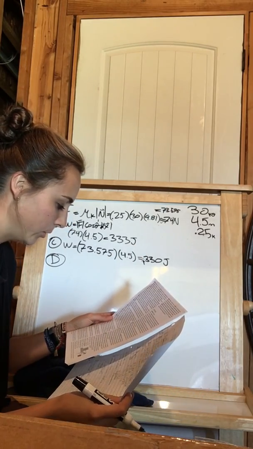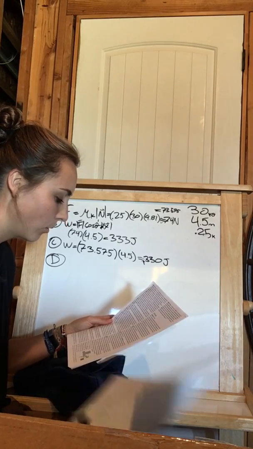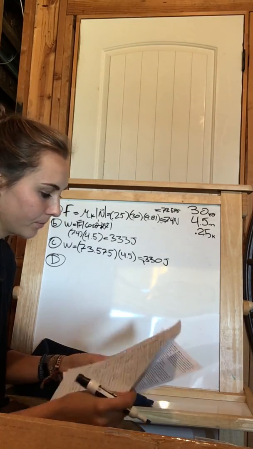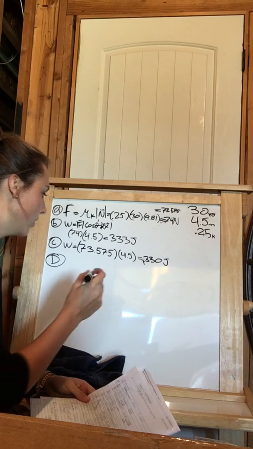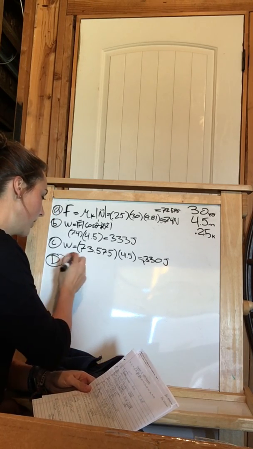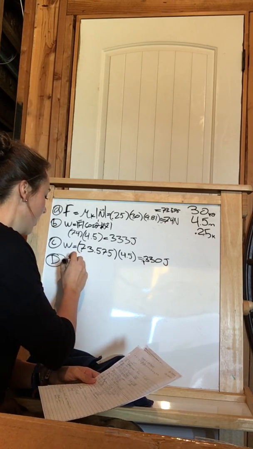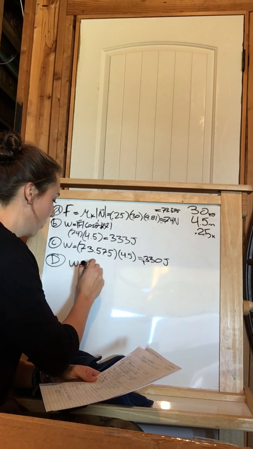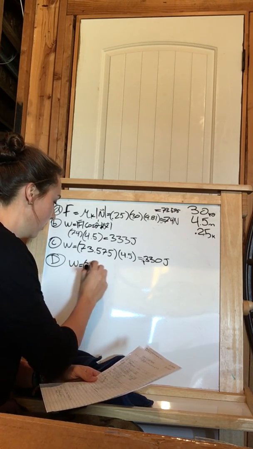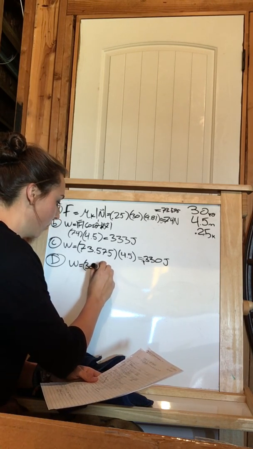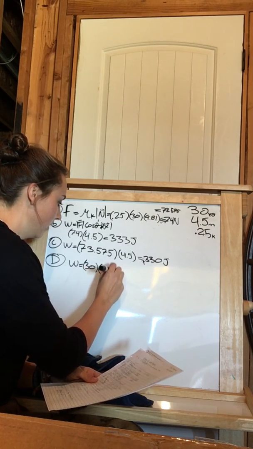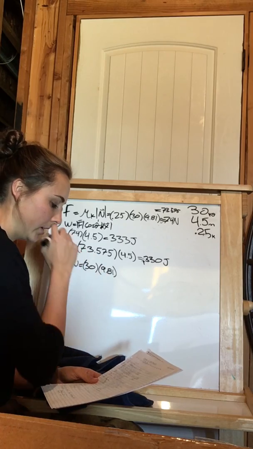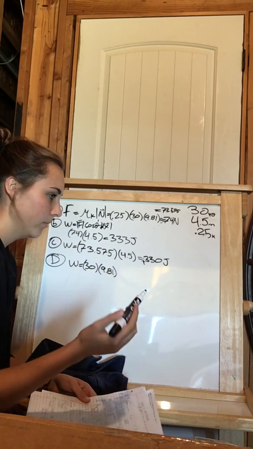So then part D asks how much work is done on the crate by the normal force and by gravity. Both the normal force and gravity are going to be the same equation, so I'm just going to write it once. The work is going to equal 30 times 9.81. That's the force.